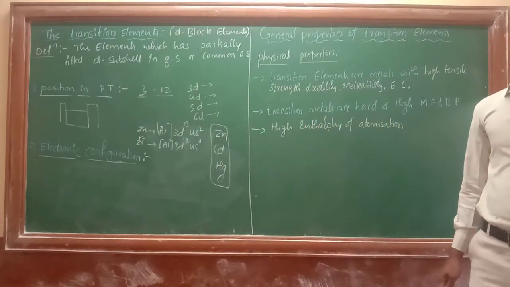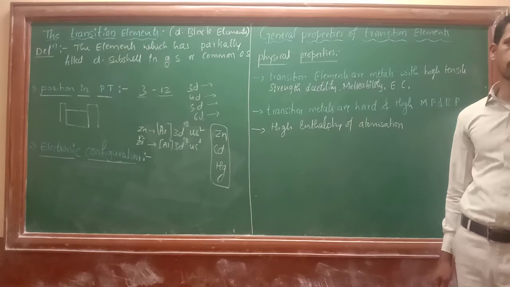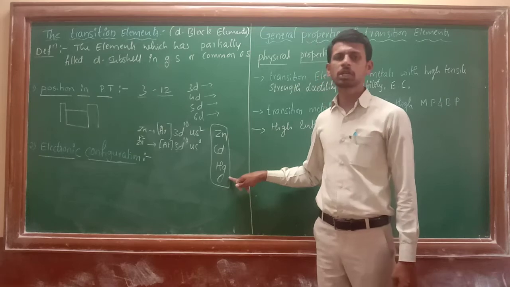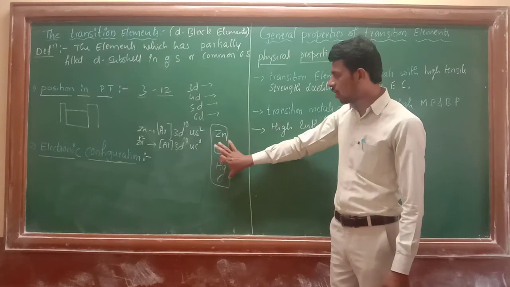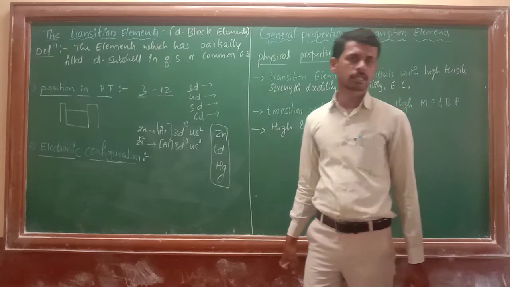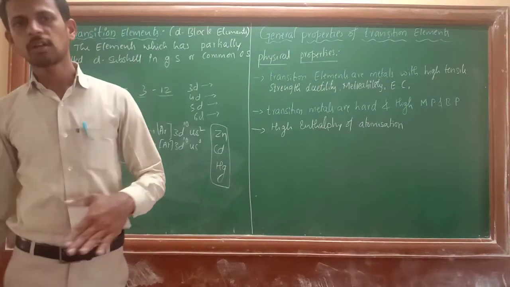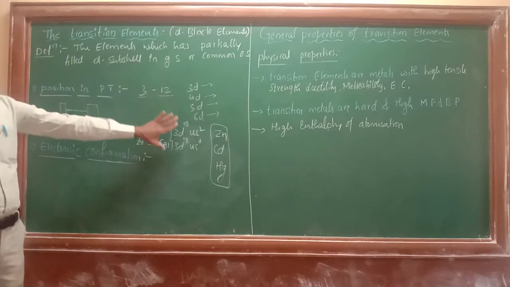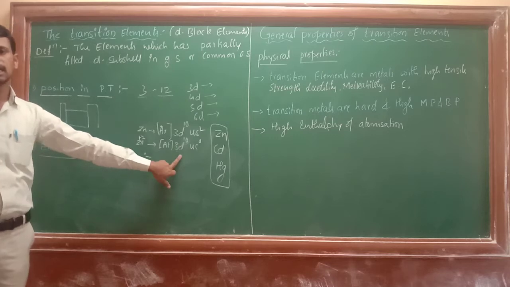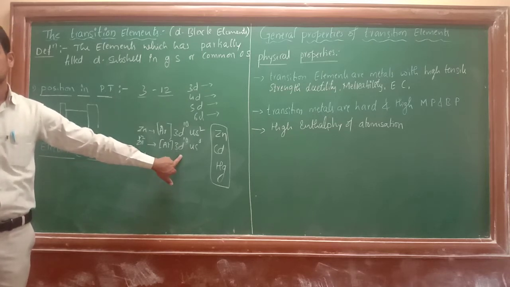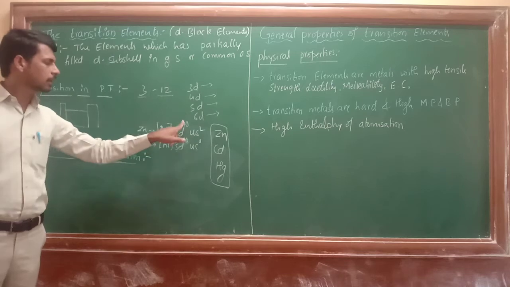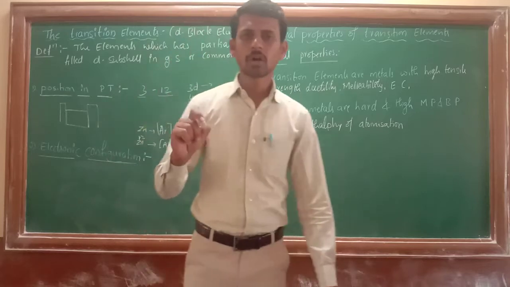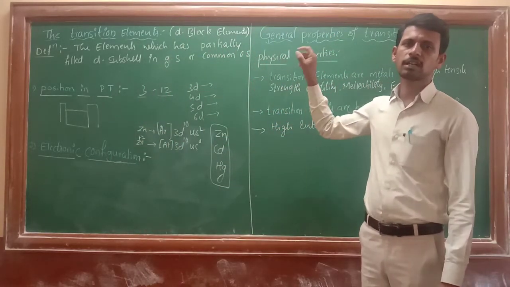The end elements present in the 3d, 4d and 5d series are zinc, cadmium and mercury. These elements do not belong to the d block or transition elements, because according to the definition, these elements do not have partially filled d subshells. They have completely filled d subshells.